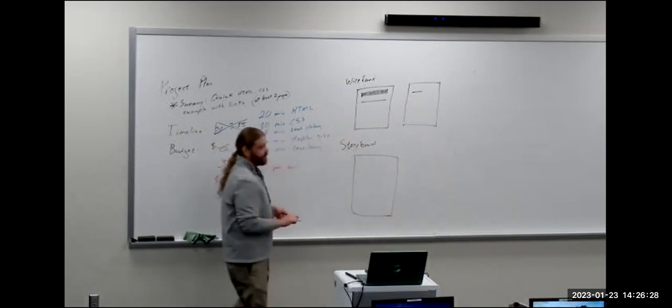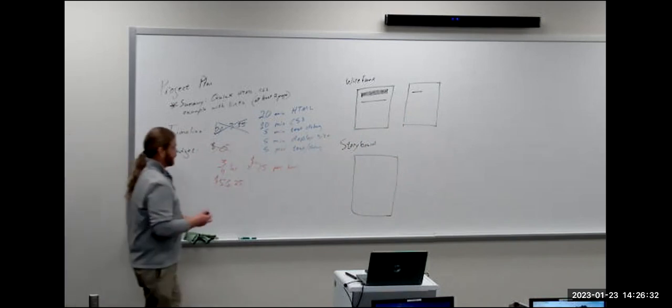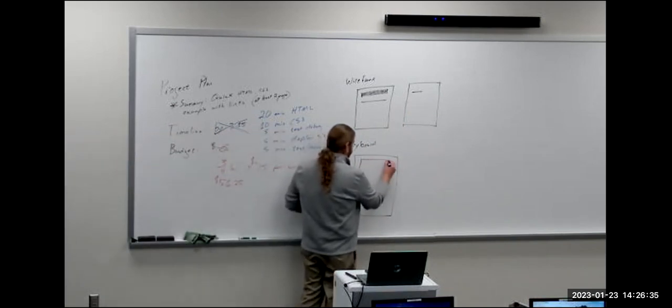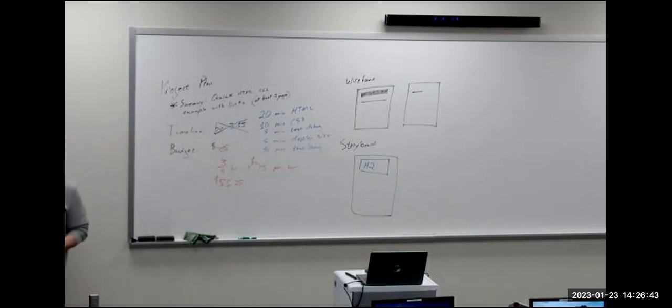So maybe I'll color code this. Up at the top, we have this blue section that's a level 2 heading. So big bold text, but not the biggest, boldest text.